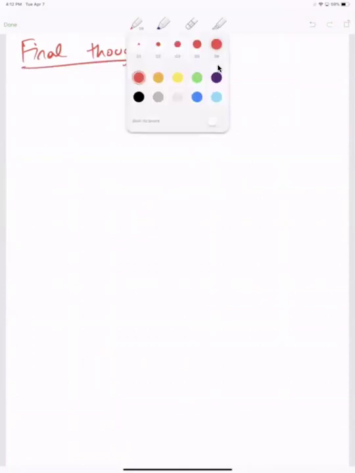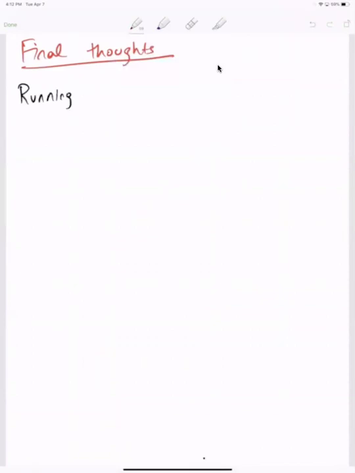So, final thoughts. The running time is a bit high. The running time is n times this one, so for small values of k, this is pretty large.